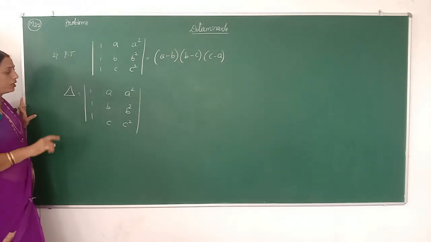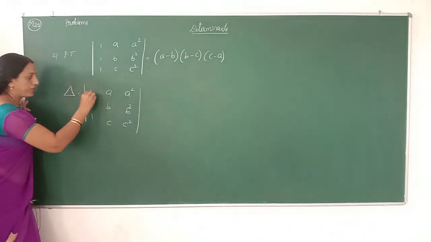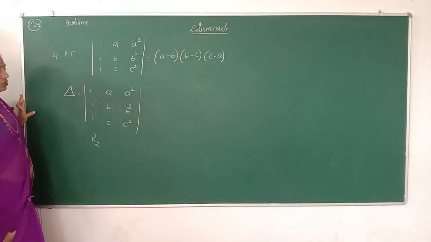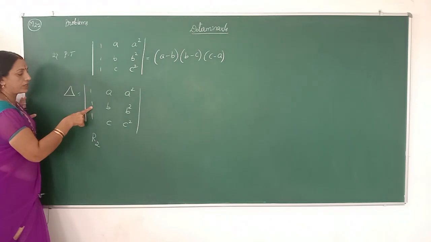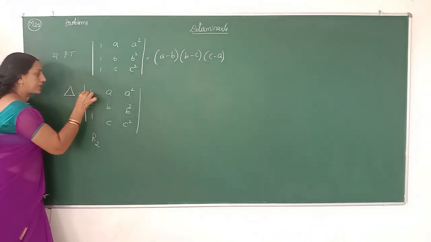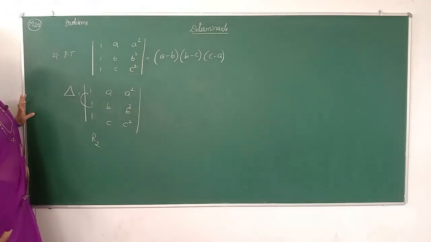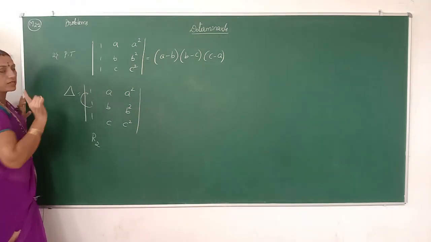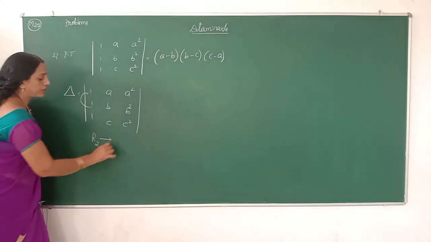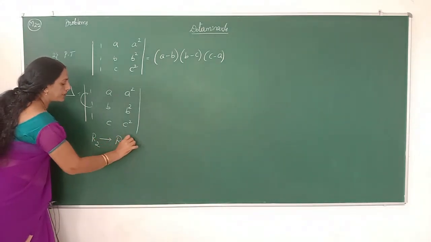So the first row will be fixed and the second and third rows are operated. Subtracting the corresponding element of the first row from the second row, the first element is 0. Therefore, R2 changes to R2 minus R1.